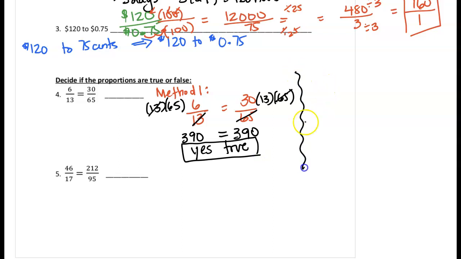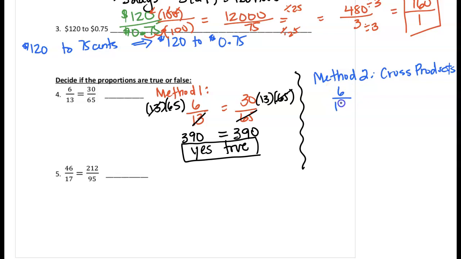A second method is to use something called cross products. Now, cross products can only be used in very special situations, which is really when you have a proportion, a fraction equal to a fraction.